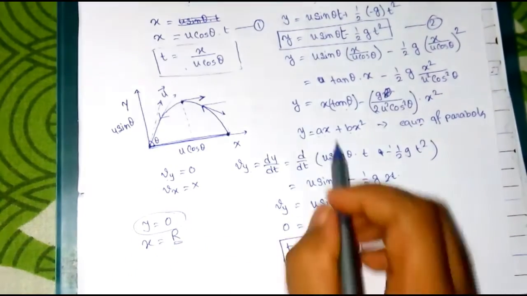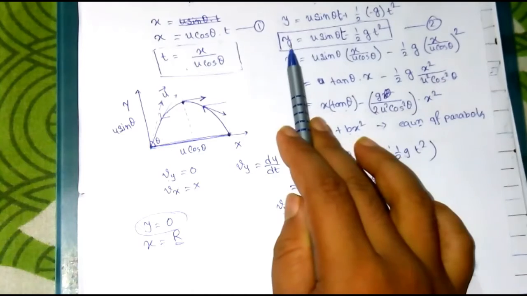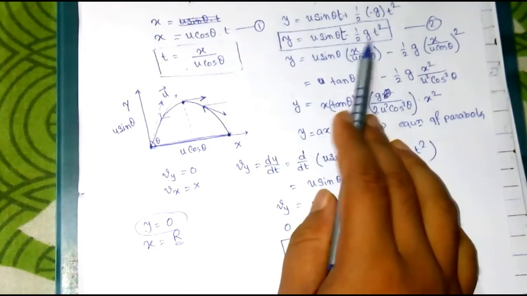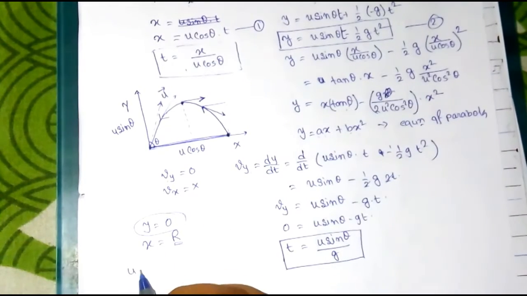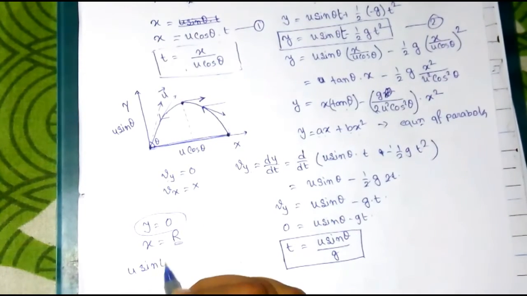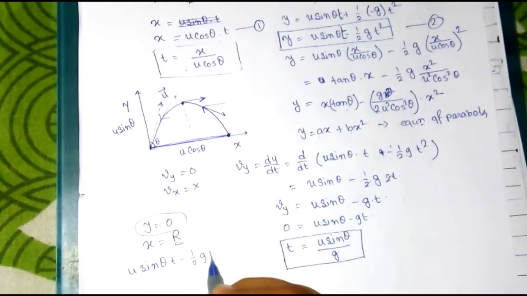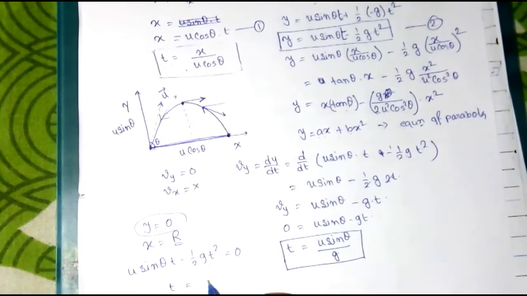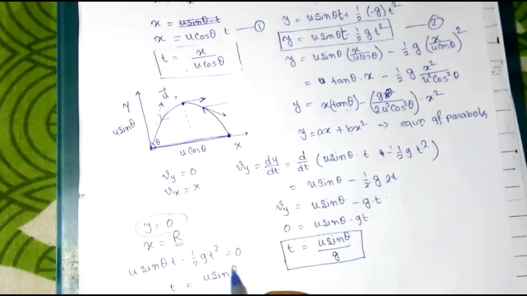Now what is the equation of y? This one, right? Now if you put y equals to 0, you can calculate the time easily. So u sin theta into t minus half g t square equals 0. So you can calculate t equals, sorry, 2u sin theta by g, the 2 will be there.